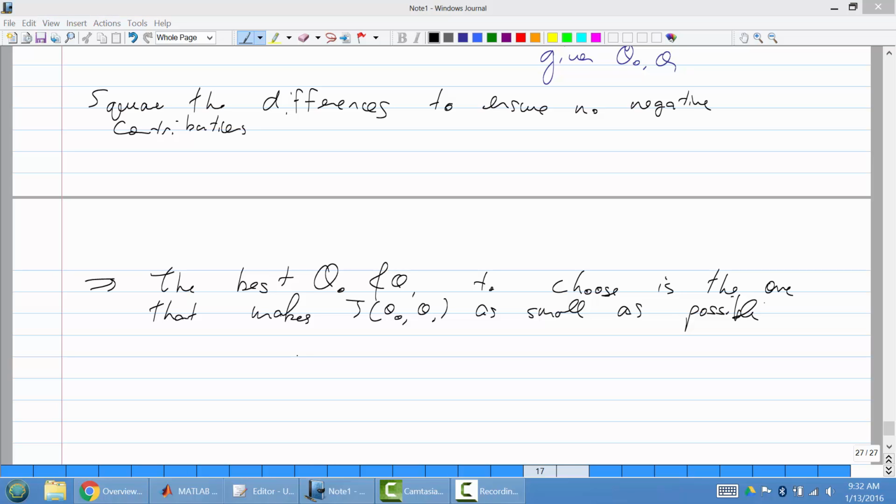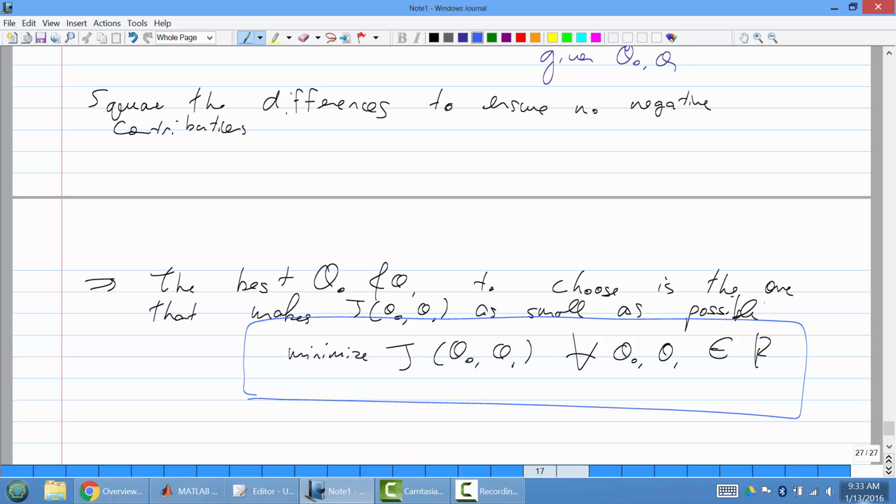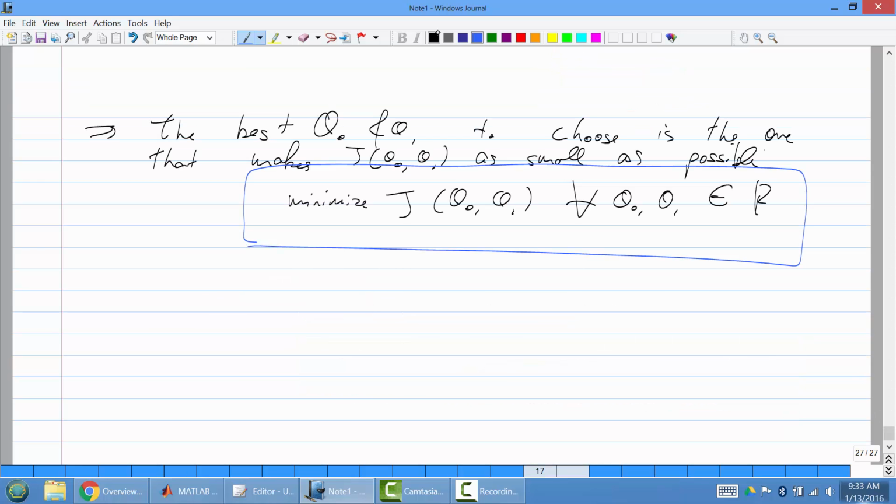So: minimize J of theta 0 and theta 1 for all. What this is saying is you want to minimize the cost function over all possible combinations of theta 0 and theta 1. So you have to figure out the right combination to choose.